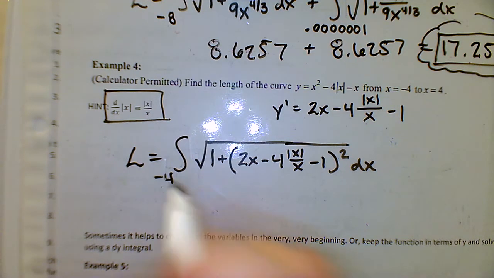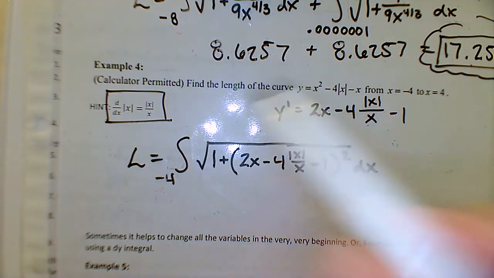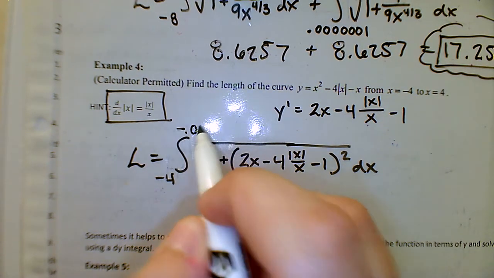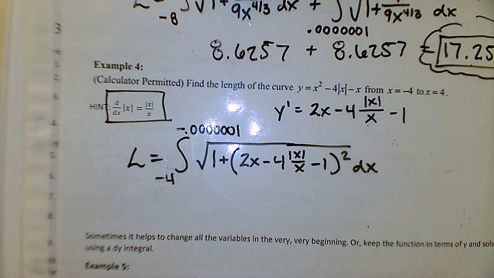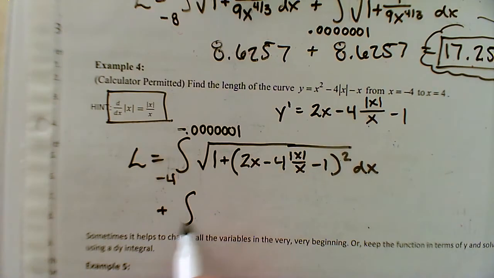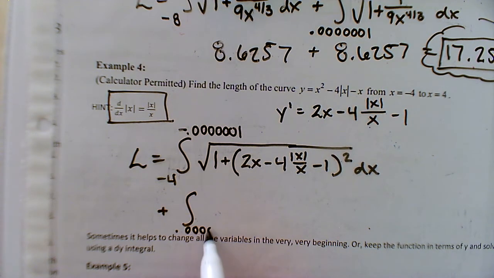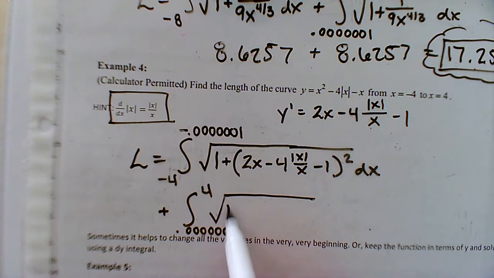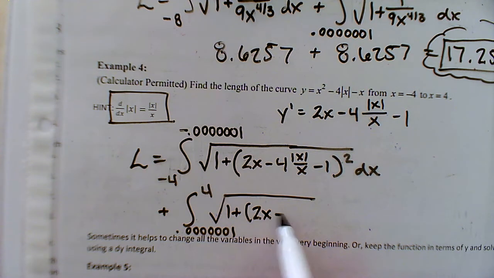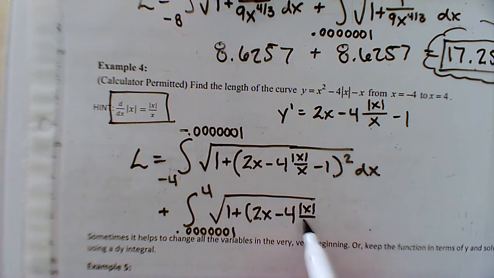We're going to get as close to 0 as possible without actually being 0. So maybe we'll use the 6 zeros again. And we'll use our calculator to find those arc lengths.